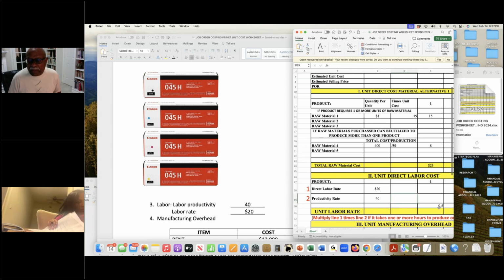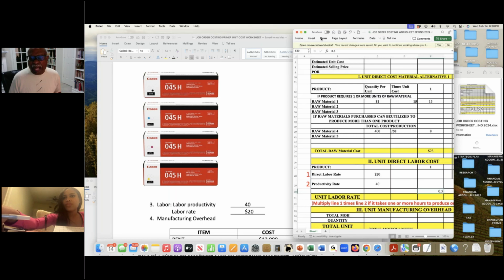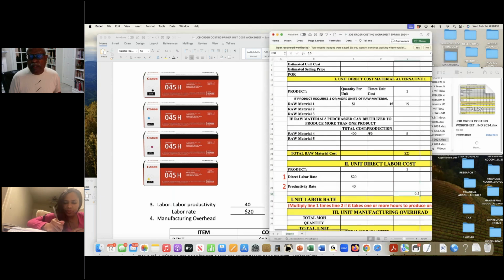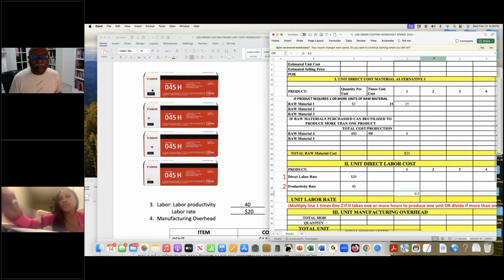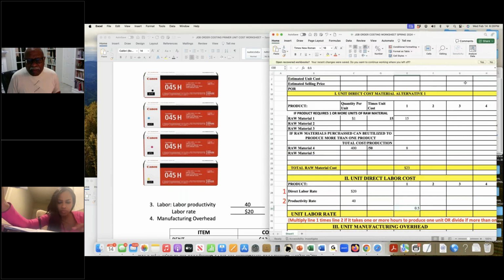It stays there. So I'd have to go through and clear out a lot of things to do that, and I'll do that later. This is your Excel sheet that you'll be working on, and you modify it as you need. Any further questions on that? So the labor in there is going to be 50 cents.